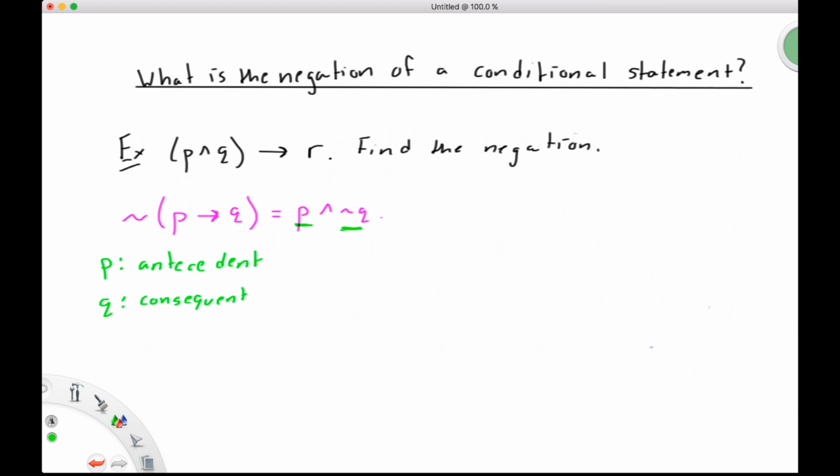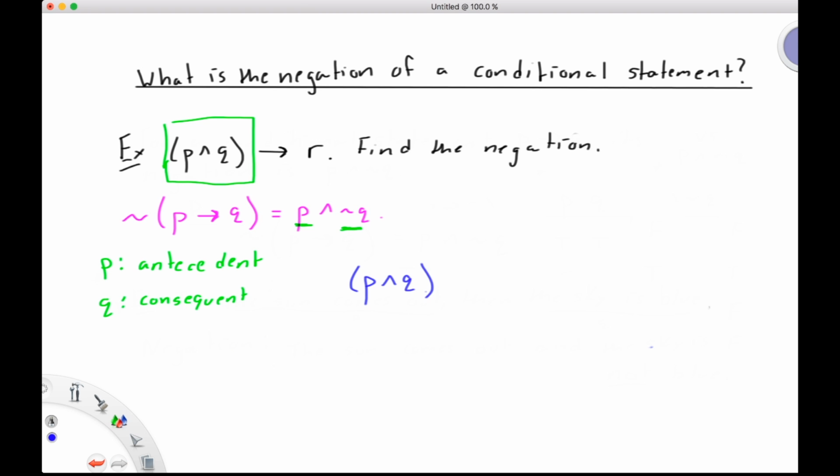Right, and so if we take a look here, the thing that is functioning like P does in our regular conditional is this entire thing in parentheses, this entire statement here, which is P and Q. Right? So that functions like P does in our standard example or in our definition. And so because P stays the same, we can take that piece and leave it as is.